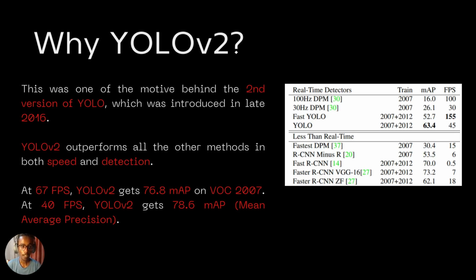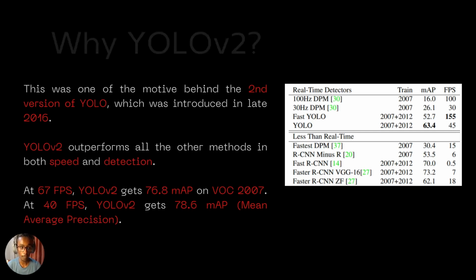At 40 frames per second, YOLO v2 gets a 78.6 mean average precision. When you compare it with YOLO v1, which gave a mean average precision of 63.4 at 45 frames per second, that's a lot of improvement, and it's even better than Faster R-CNN with a VGG16 backbone.